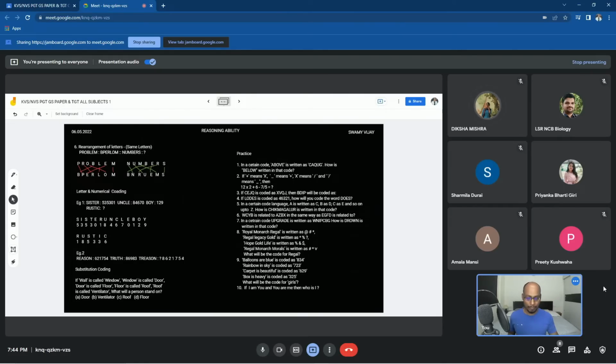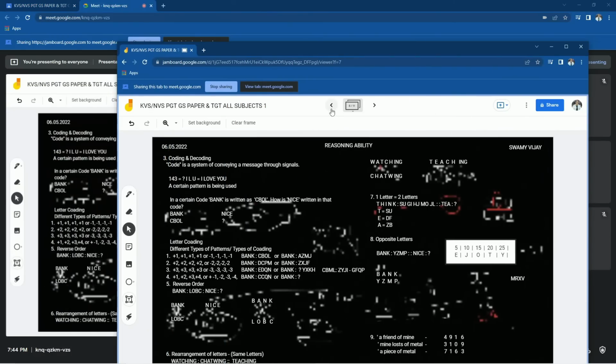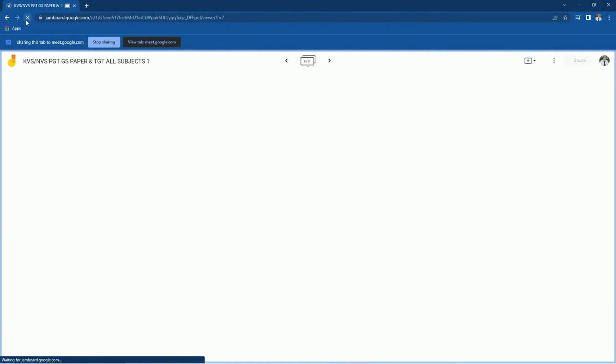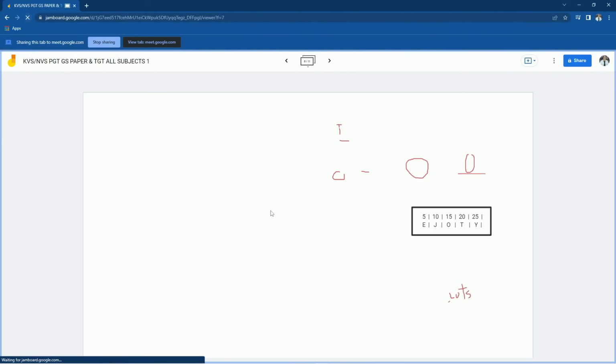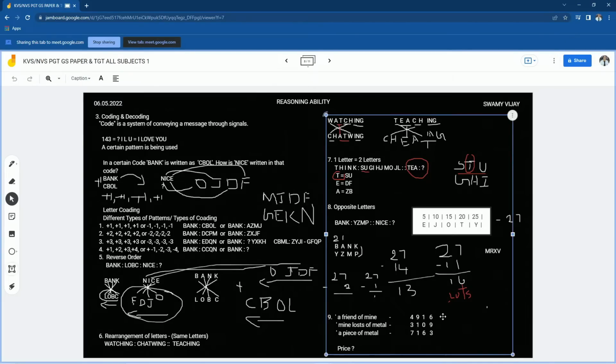Okay, whoever has solved the second one, now let us go to the next one, which is a little complicated, not very difficult. I don't know why the screen has turned this way. Let me just refresh it once. Right. Now can you see the screen?